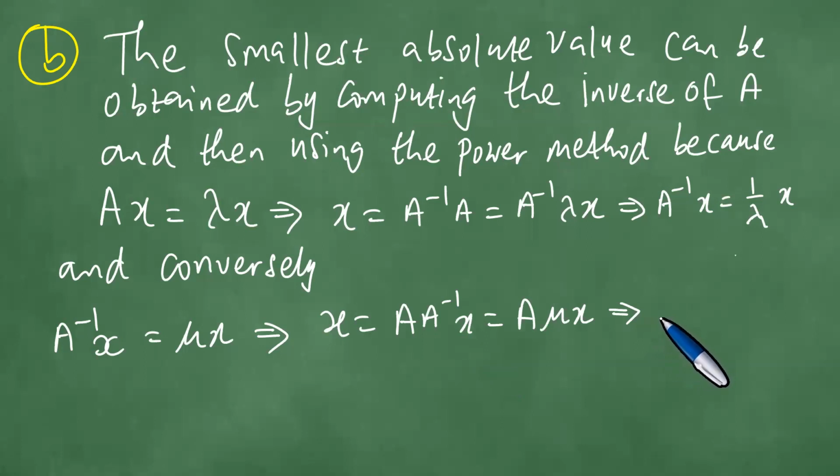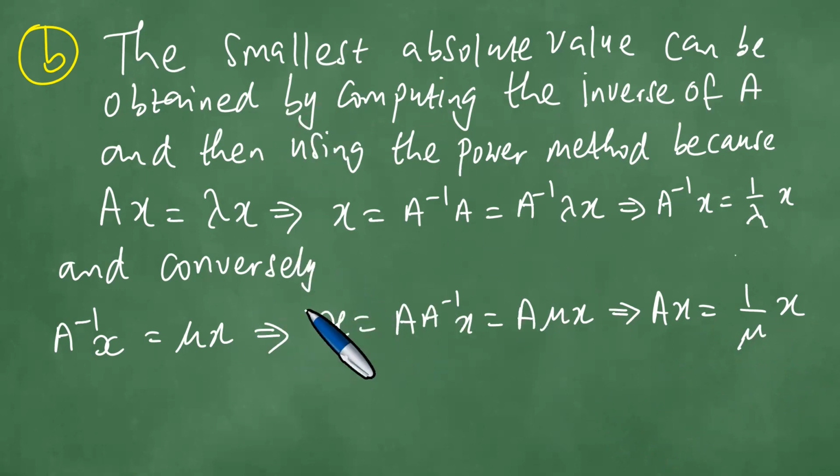And what is the meaning of these? This is then Ax equal to, you can divide by mu again, so that Ax is 1 over mu x. So in other words, this is true in both directions.